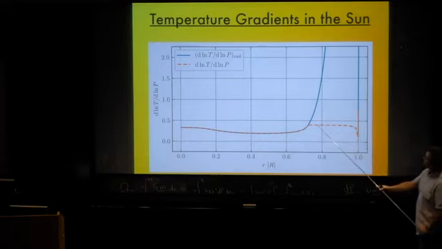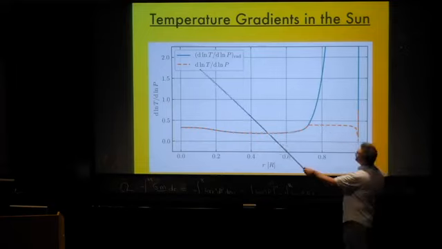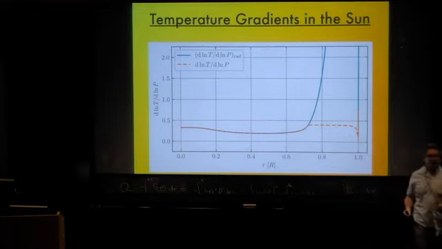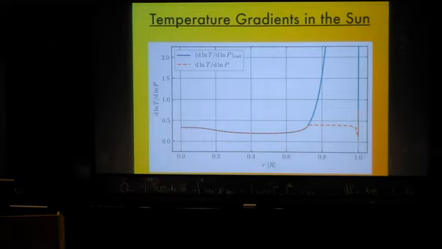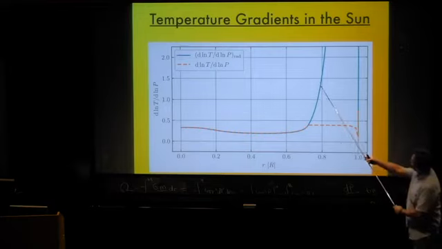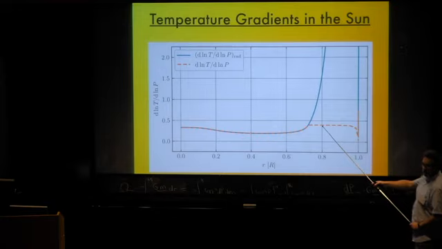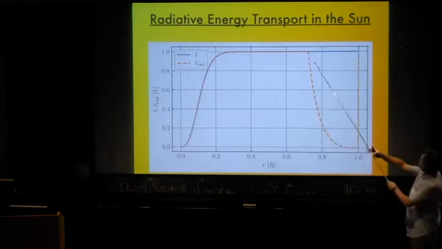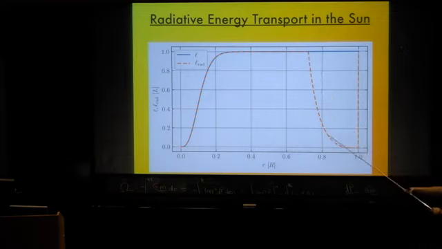So the orange dashed line is the actual temperature gradient in the star, and the blue line is the temperature gradient that would exist if radiation alone had to transport all of the energy, so if convection could be artificially suppressed. And we can see how the onset of convection actually pulls the temperature gradient down much shallower. And that's the reason in the previous slide, it was that suppression of that temperature gradient that the radiative flux then drops off.